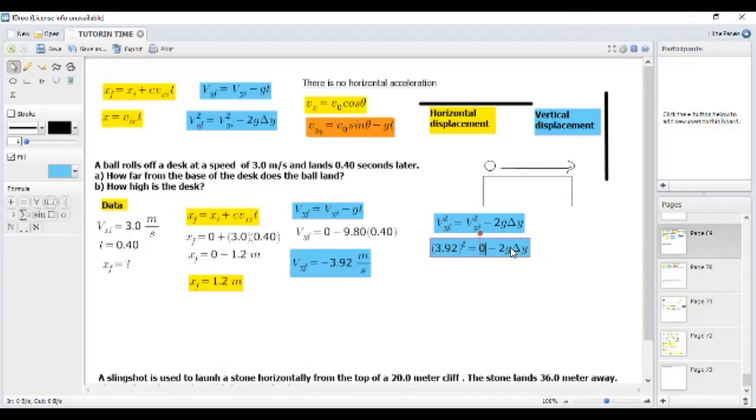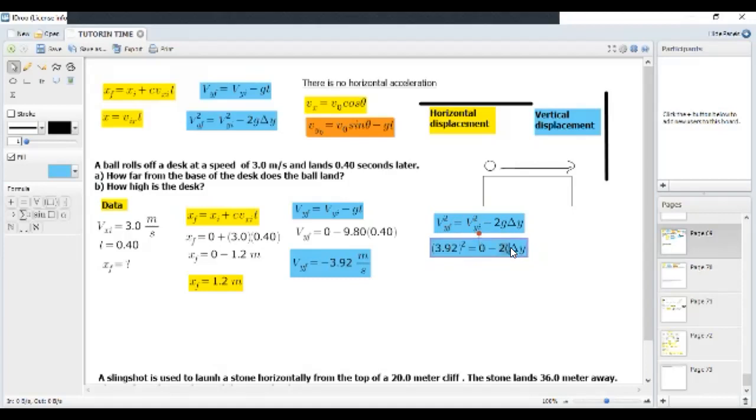And then we have the gravity. The gravity, remember, is negative 9.80 because it's a vertical displacement. And finally, you have, sorry, this is 9.80. This is negative 3.92 as you got in the previous step. And with that, you are going to get a value for y.